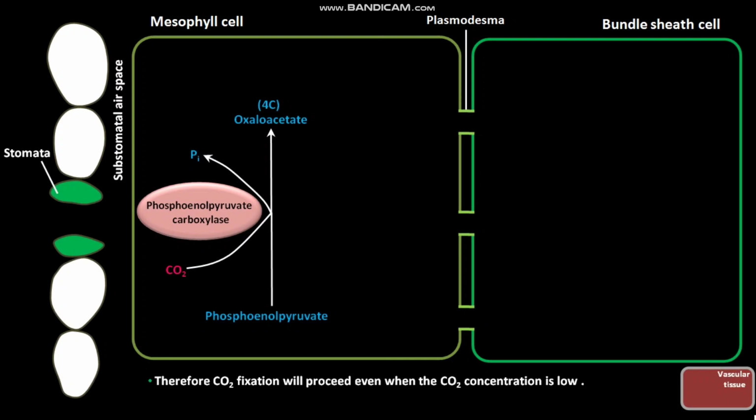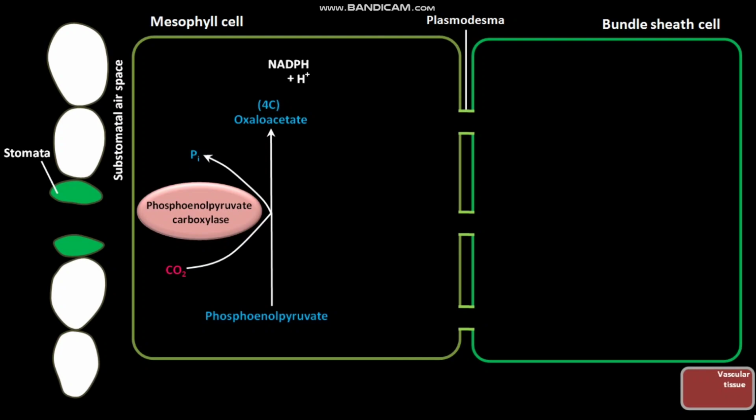The oxaloacetate, NADPH, and H+ ion then react with each other to form malate and NADP+. This reaction is catalyzed by NADPH dependent malate dehydrogenase. The malate is a 4-carbon compound. In this reaction, the oxaloacetate is reduced to malate.